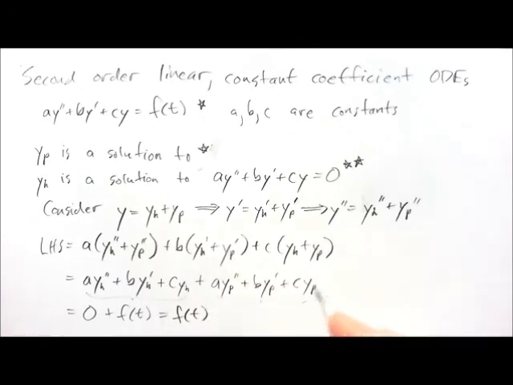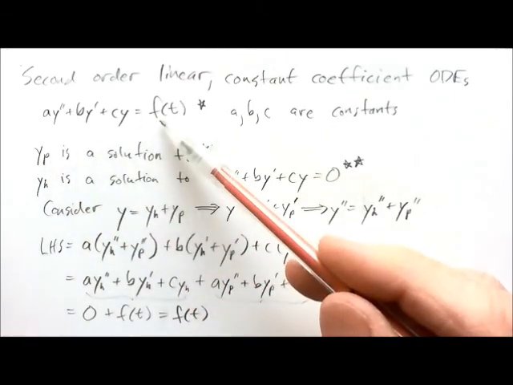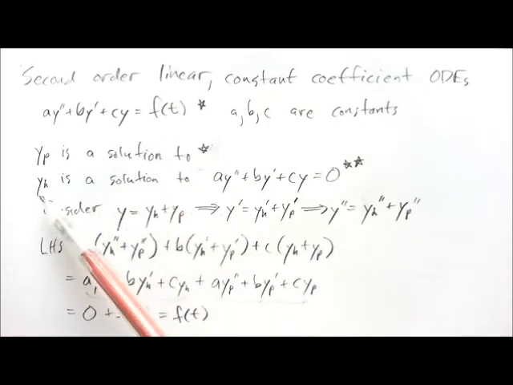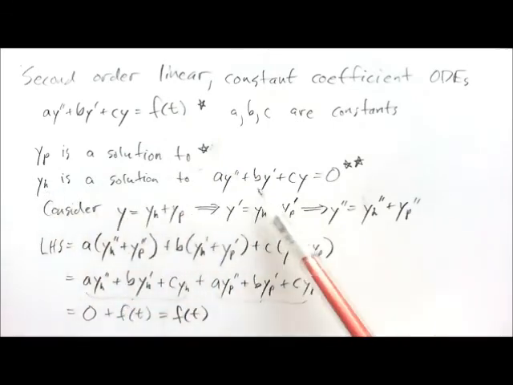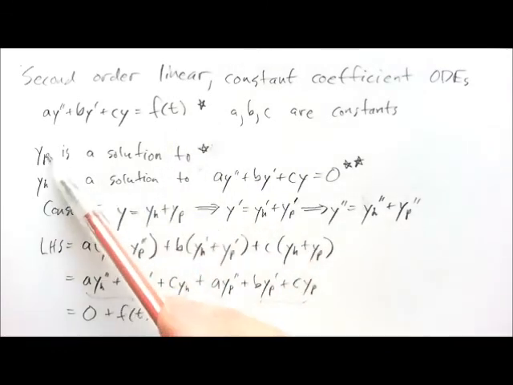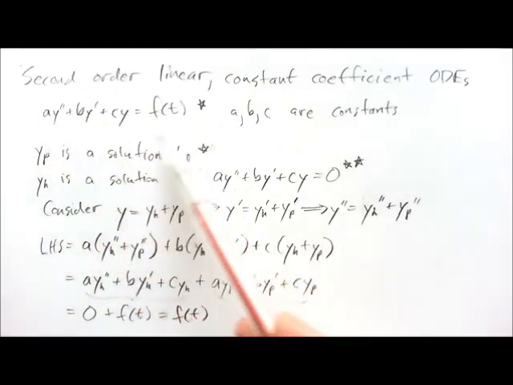So what was the point of all this? What it shows us is that if we have a solution to our second order ODE that we're trying to solve, and we have another thing that's a solution to the homogeneous equation created by just turning this f of t to 0, if we add both of those together, then we also have another solution to our original equation.